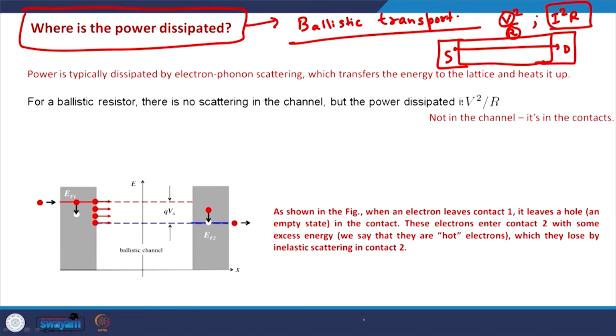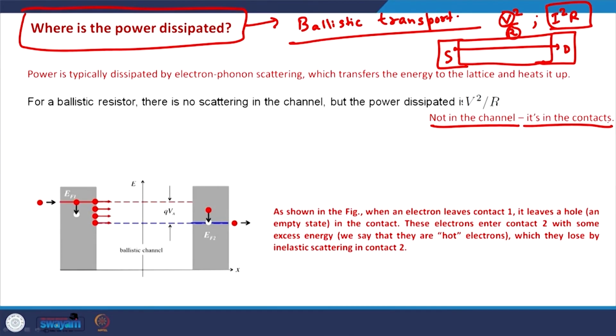But now in ballistic case there is no scattering in the channel, and as we will realize that even now the power dissipated is V square by R, and this is not dissipated in the channel, it is dissipated in the contacts.